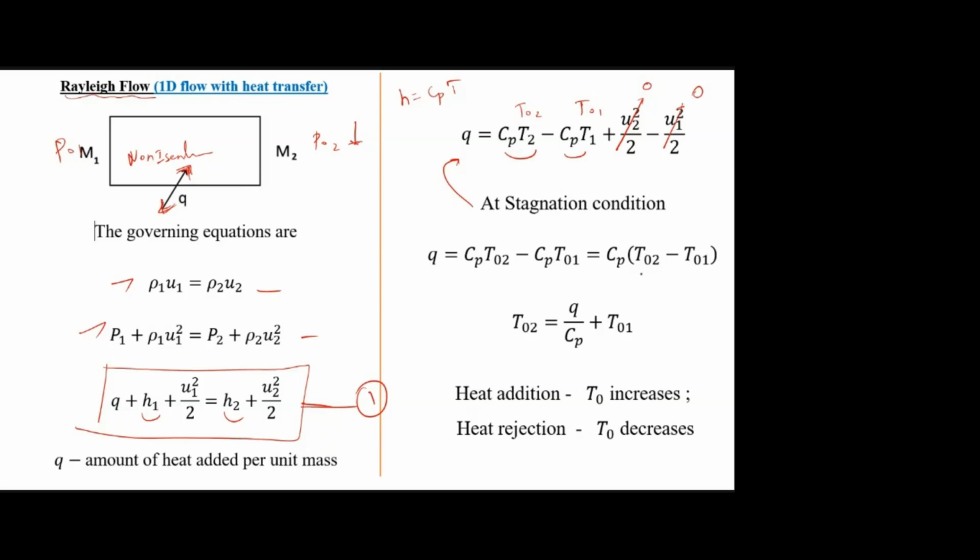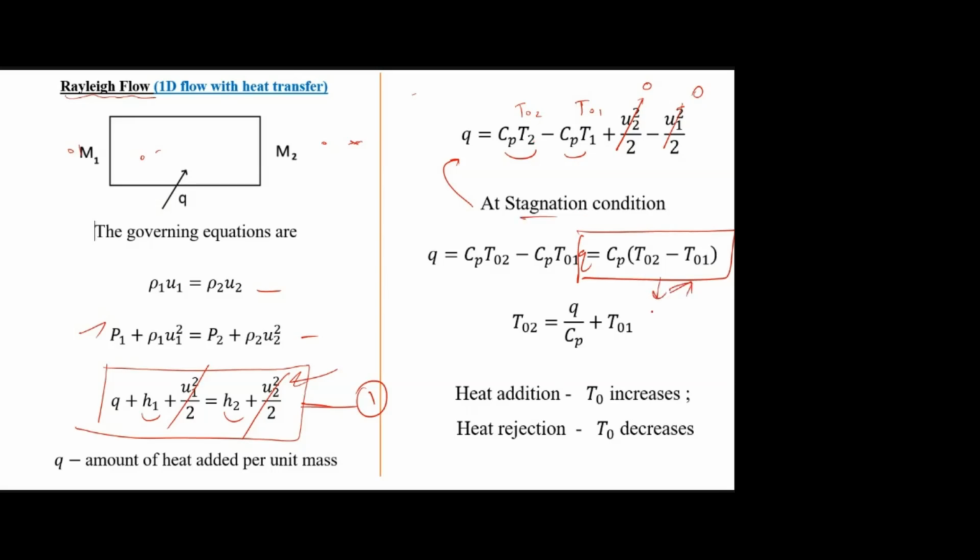Then rearrange, and you will get Q is equal to Cp times T naught 2 minus T naught 1. Is that clear? Yes, sir. Okay. So just from the energy equation, apply the stagnation condition. Instead of H it is Cp T, instead of T it is T naught because of the stagnation. Then rearrange, and you'll get this equation.